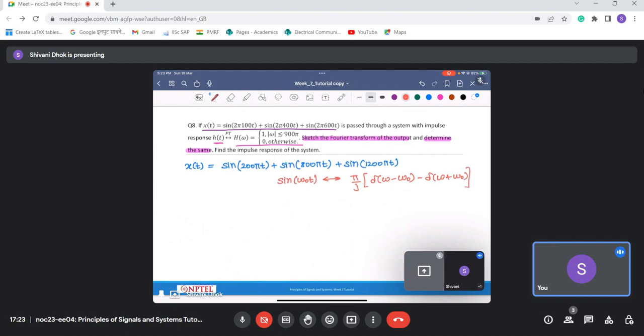Now if I use the formula which we had seen in the previous questions to find the Fourier transform of this x(t), X(ω) is simply π/j inside the bracket. Here ω₀ is 200π, so we have δ(ω − 200π) − δ(ω + 200π).